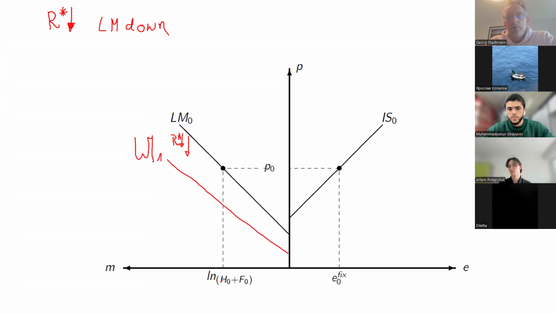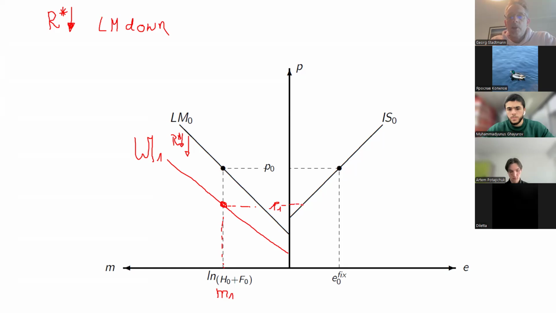And in a first step, we want to find out how it would look in a floating exchange rate system. So we say this is situation one, money supply is the same, we are hitting the new LM curve in this dot, then the prices decrease to P1.